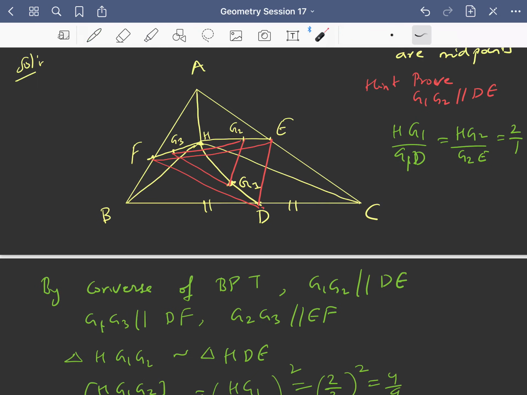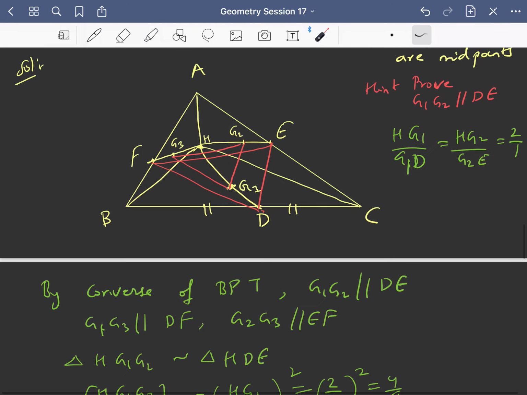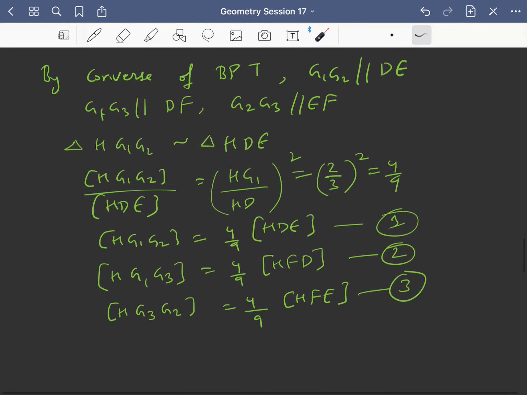Now with the areas of triangles HG1G2, HG1G3 and HG3G2, how can I construct the area of triangle G1G2G3? This is given as 7. By adding or subtracting, how can you find the area of triangle G1G2G3?